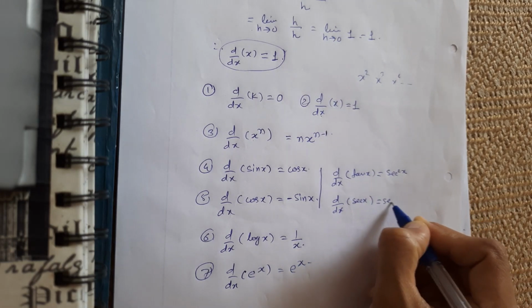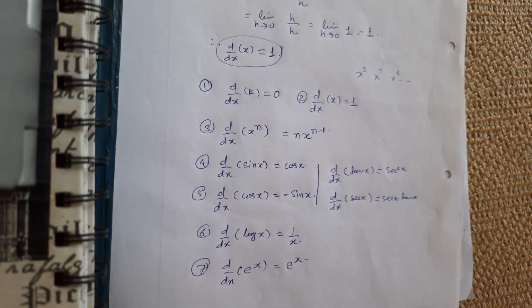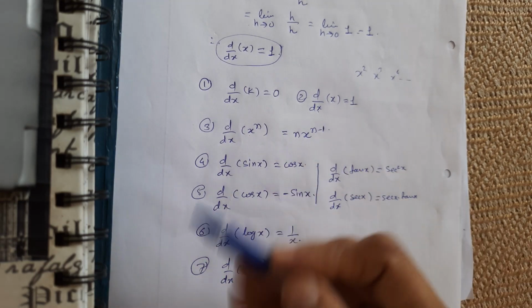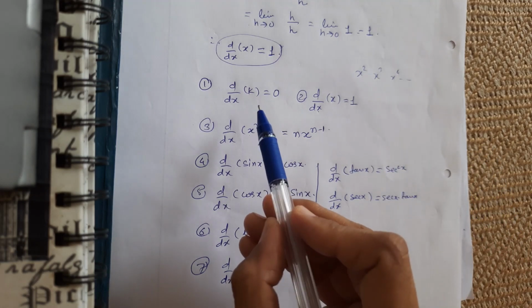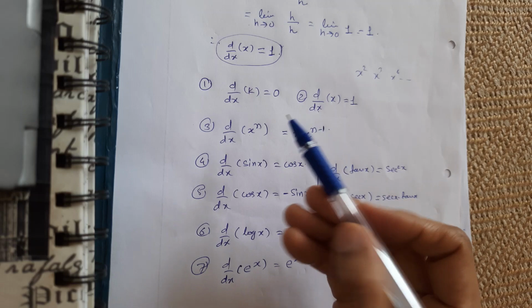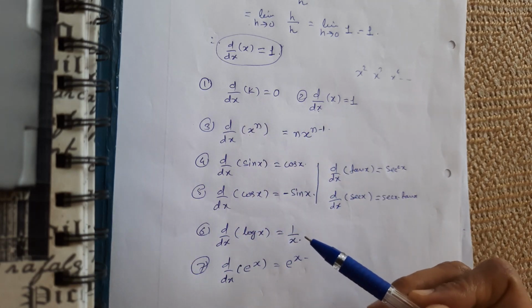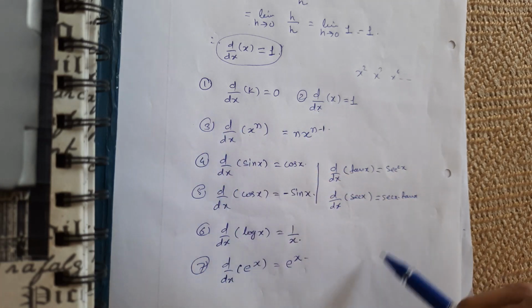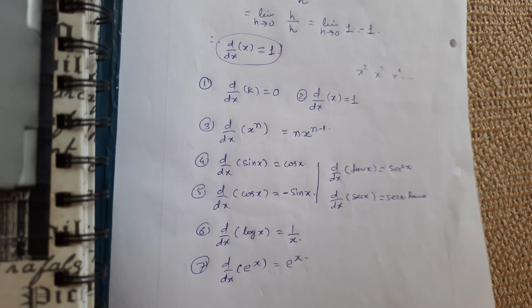Derivative of sec x is sec x into tan x, and so on. So all these are the standard derivatives, and what you need to do is just remember the values of these standard function derivatives, and using these we are going to find the derivative of other functions.